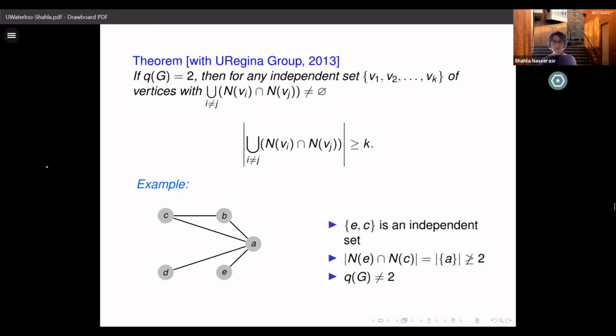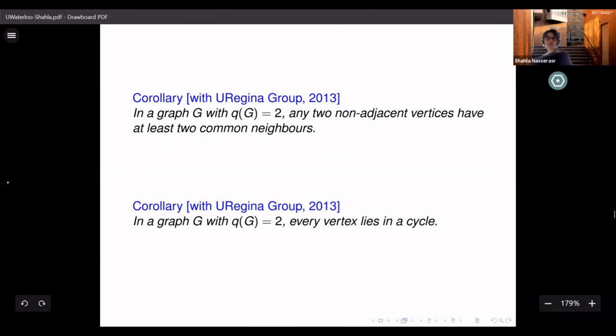So if I apply that in this example, if I take 2 vertices that are independent, so C and E, for example, there is no edge between them, then we see that there is only one element in their common neighborhood. So that means the Q of this graph is not 2, because if it was 2, it must have had at least 2 neighbors.